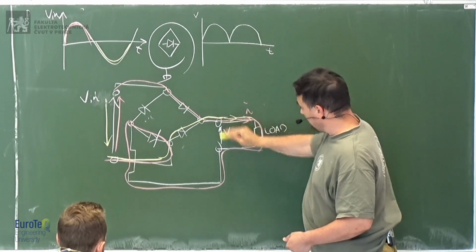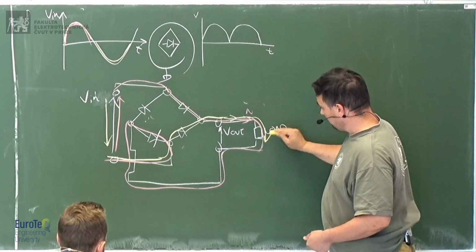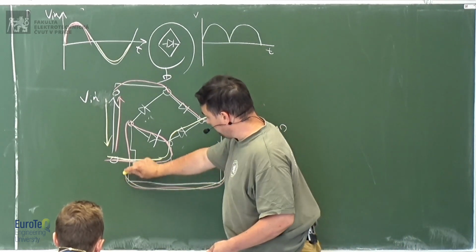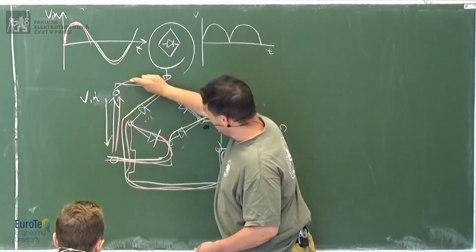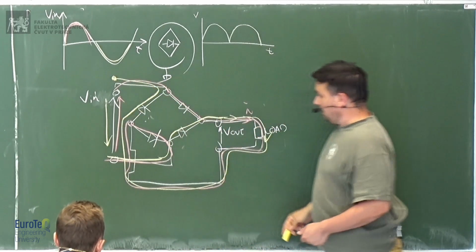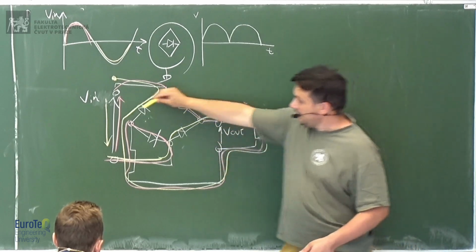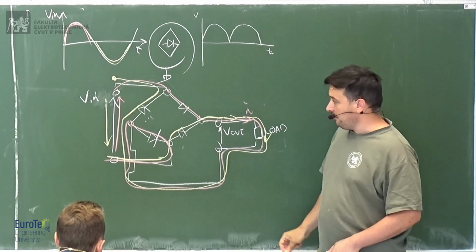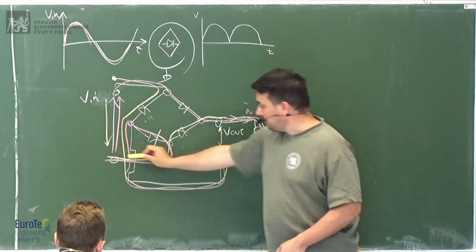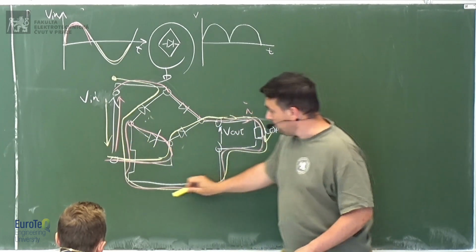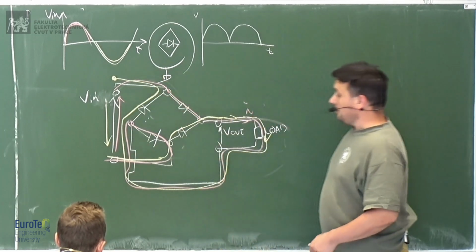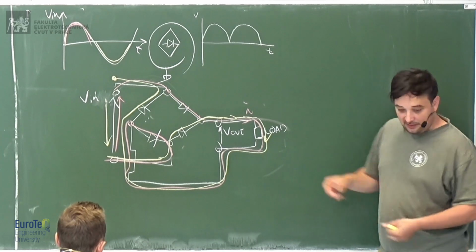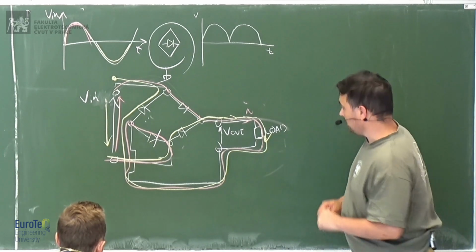The current has the same direction. And then it returns back here. So on the way there, it follows this red path. When it's negative, it follows this yellow curve. But when they arrive at the load, the current is always going the same direction, okay?